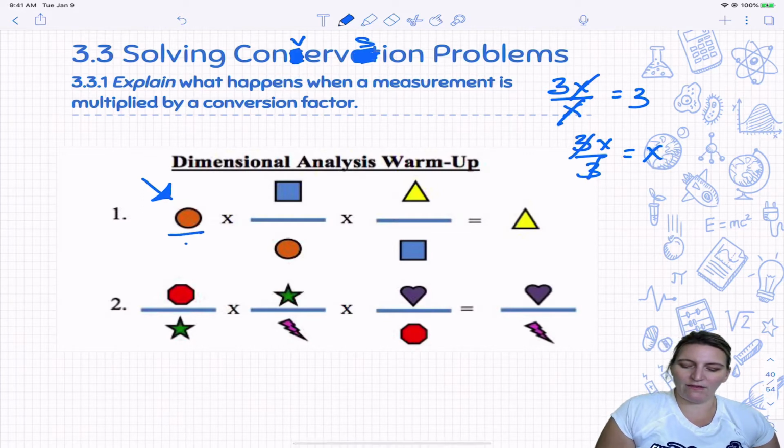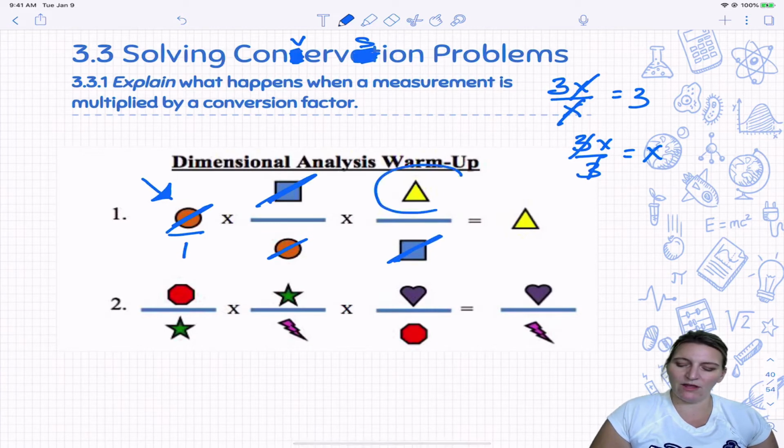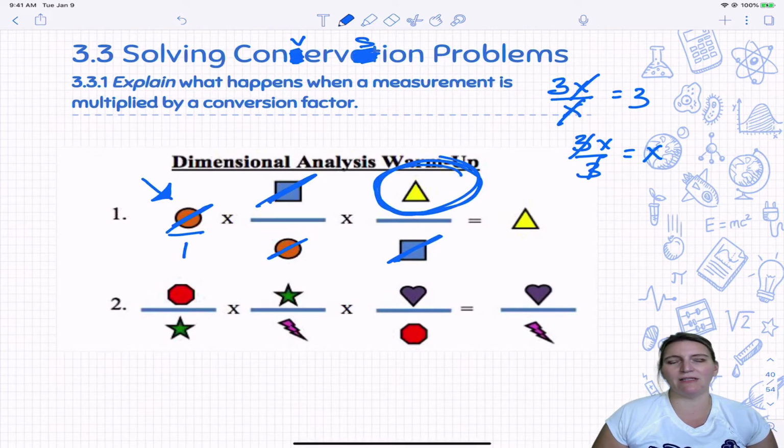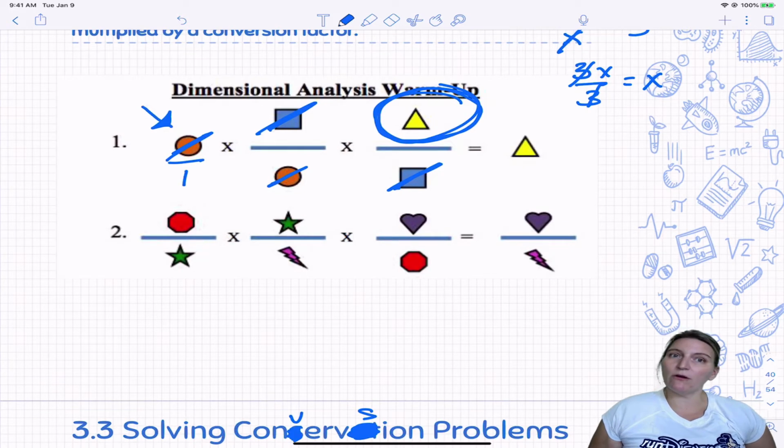Anything that doesn't have a denominator, we can put over 1. Then this circle and that circle would cancel, and the square would cancel. So the only thing on the left-hand side that remains is that yellow triangle. That's my answer.